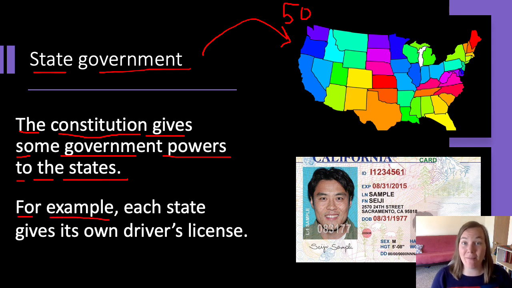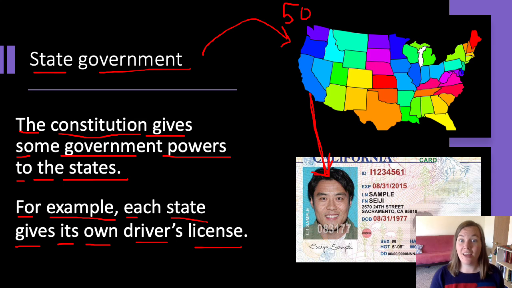For example, each state gives its own driver's license. If you live in California, you get a California driver's license. But if you move to New York, you have to get a New York driver's license.